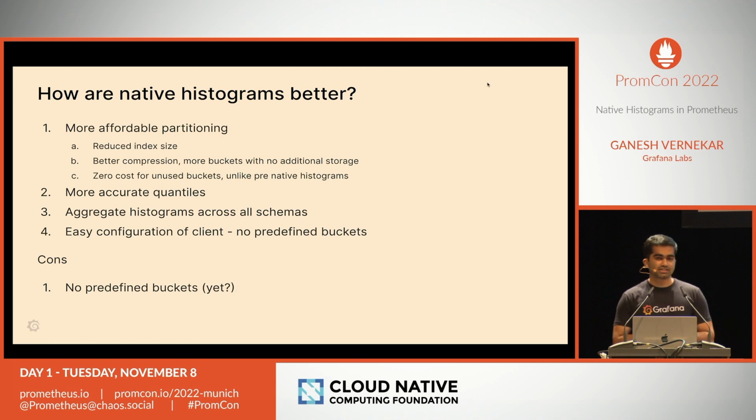And the configuration is very easy. I have found myself thinking, I don't want to define the buckets because what if I need a different bucket later? So that anxiety always remained in me. So I'm very excited that the configuration for this is very simple. You just define a number and you have all the buckets filled that you want.